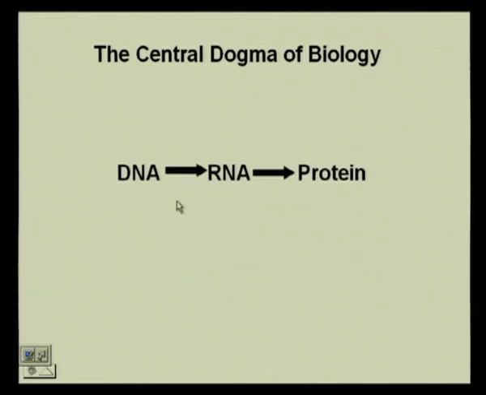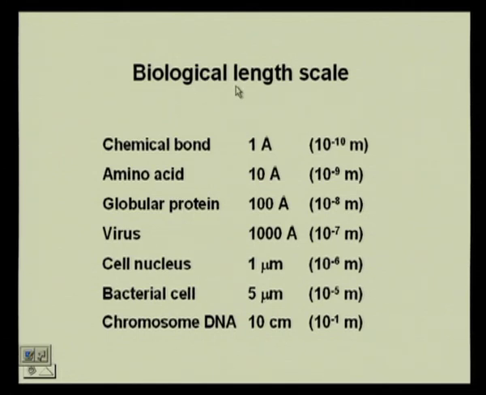So, if we look at just some idea of the biological length scale, we have looked at chemical bonds, something that you have looked at for a long time now. They are in the order of angstroms. If we look at amino acids, they are in the order of tens of angstroms. When we look at proteins, they are in the order of hundreds of angstroms. Okay?